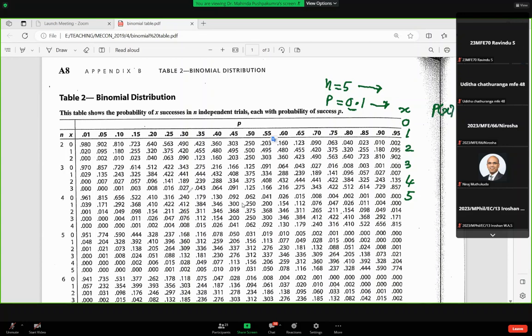First you have to find P here, then n, then the x, then the probabilities. I hope you got the point.